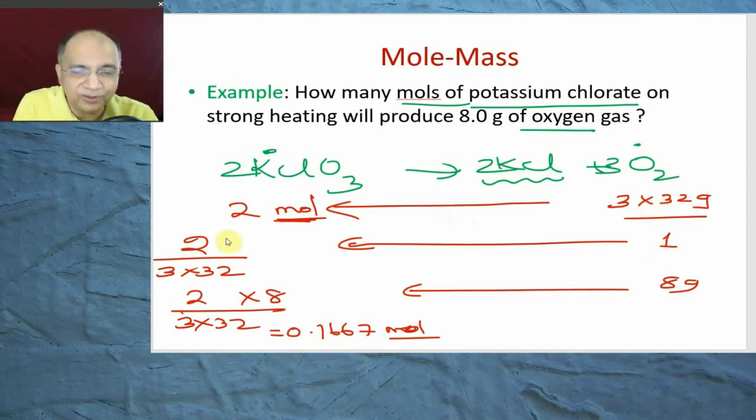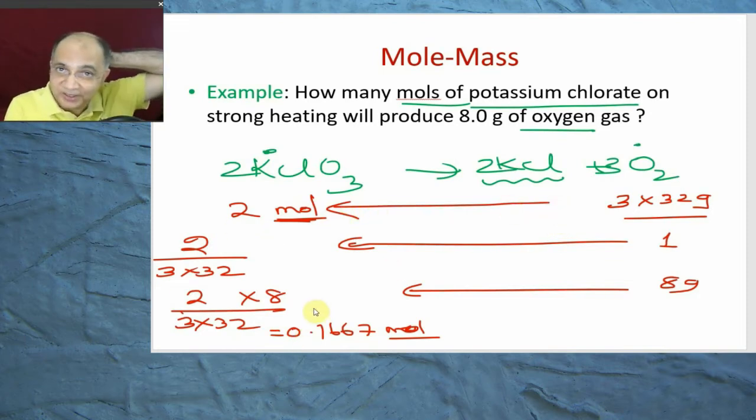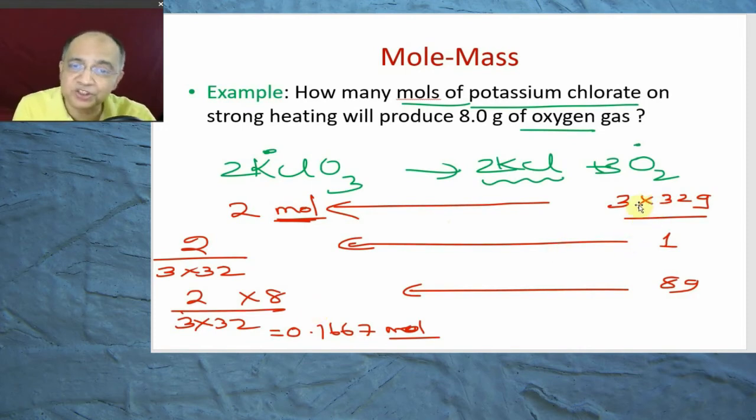Now we will be doing the calculation on the left. This is a leftward calculation. I'm sure since you are in class 11, you will understand that this much is produced by this many moles of KClO3. Then 1 gram will be produced by 2 by 3 into 32, and 8 gram will be produced by 2 by 3 into 32 into 8, and when we simplify, you get 0.1667 mole, right?